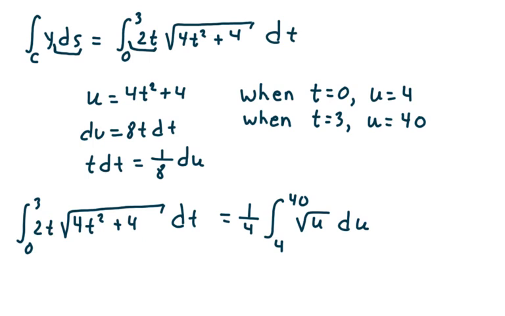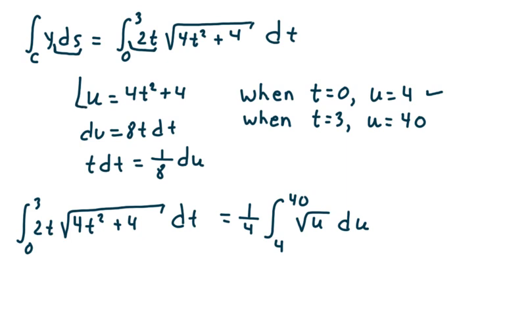And now we can solve this integral by u substitution. So I'm going to let u equal 4t squared plus 4. du is 8t dt, so t dt is 1/8 du. Now, when t is 0, u is equal to 4.